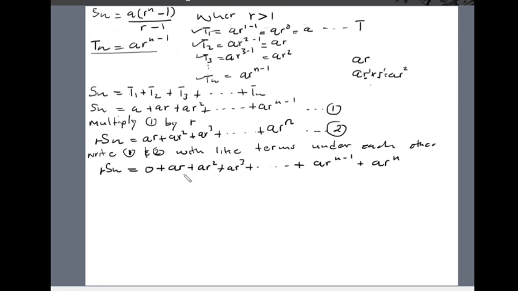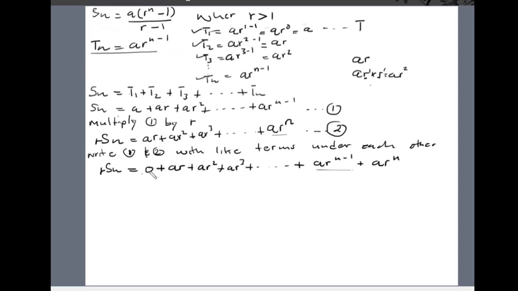Okay, I hope you understand why I started with 0, and then here now I have ar n minus 1, because the term before ar n will be ar n minus 1, right? I hope you can see that part.